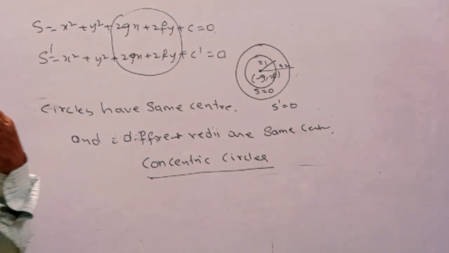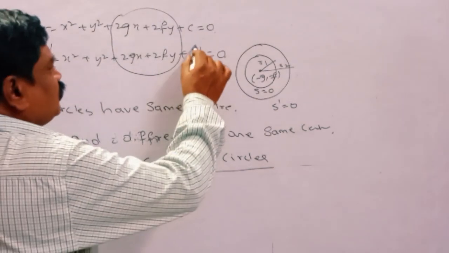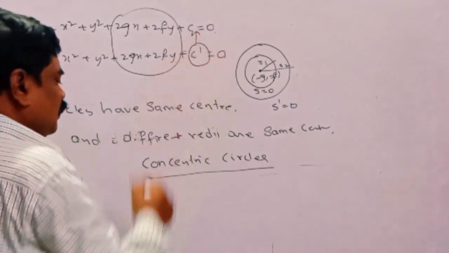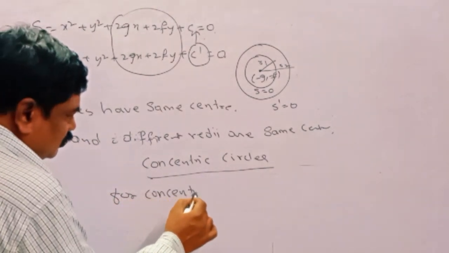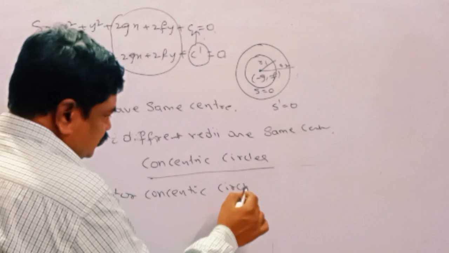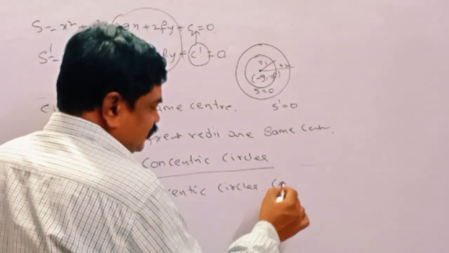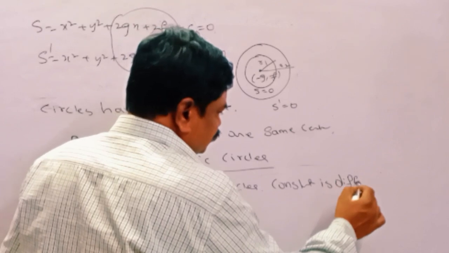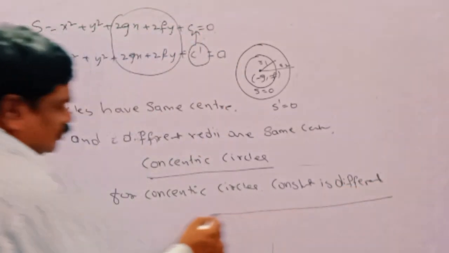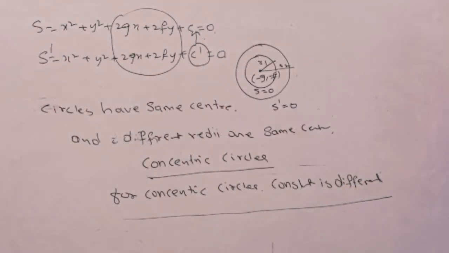Here for concentric circles, the constant is different. For concentric circles, the constant is different only. These are the concentric circles. Okay, all of you, that's all.